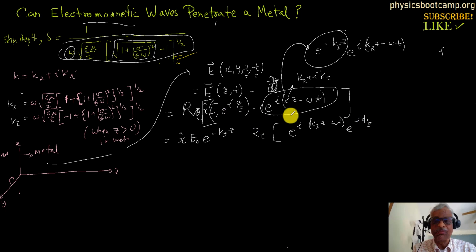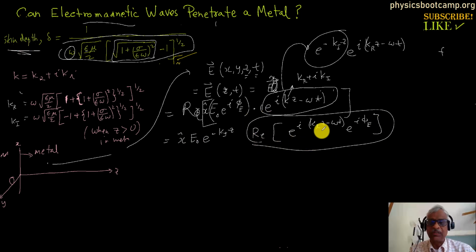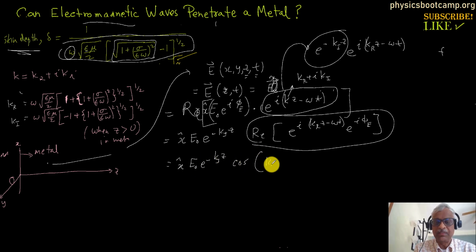We haven't found phi_e, but we're just looking at the explanation of skin depth, so this will just be a cosine. So this will be x-hat E0 e to the minus k_i z cosine (k_r z minus omega t plus phi_e). So this is actually the electric field.